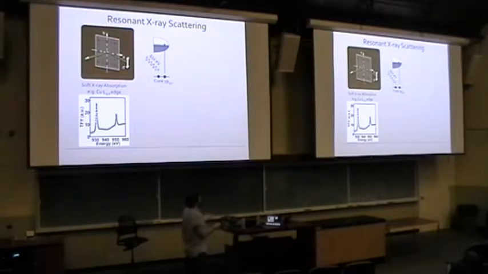And that unoccupied state, of course, is right next to the Fermi energy. Now, you find this resonance by looking at the absorption spectrum. As you tune the photon energy in your synchrotron experiment, you measure the X-ray absorption, and at the point where you see the full absorption, you know that you hit that resonance.